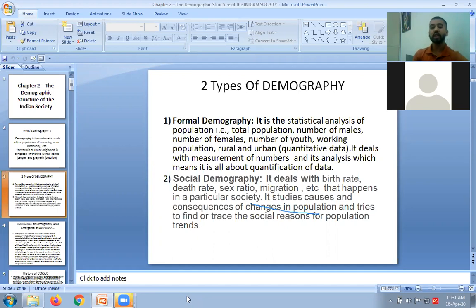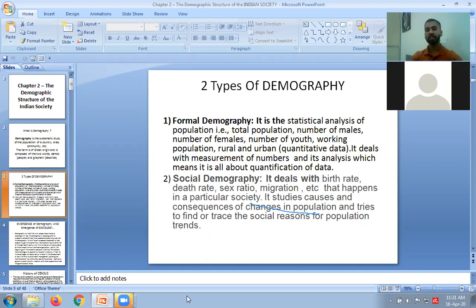So when we collect data, or when our data is in quantified form, then it is what formal demography is all about. It mostly deals with the measurement of numbers, and then it does analysis, which means it's all about quantification of data. It has nothing to do to know about the reasons, about the consequences that's going to happen due to the changes in the demography.